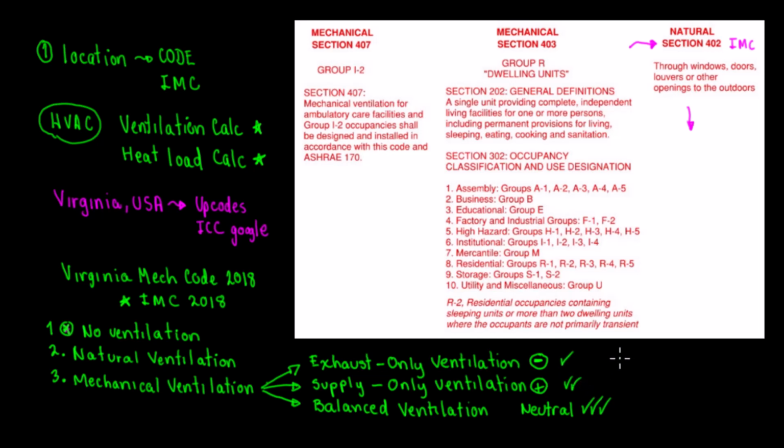So what is the difference in here? I'm gonna put in here also why they do exhaust only ventilation, because the home builders also take into account the revenue, and they have to take into account how economical the house is gonna be. Exhaust ventilation is low cost, which is an advantage at some point. Supply only has more cost, and balanced ventilation has more cost.